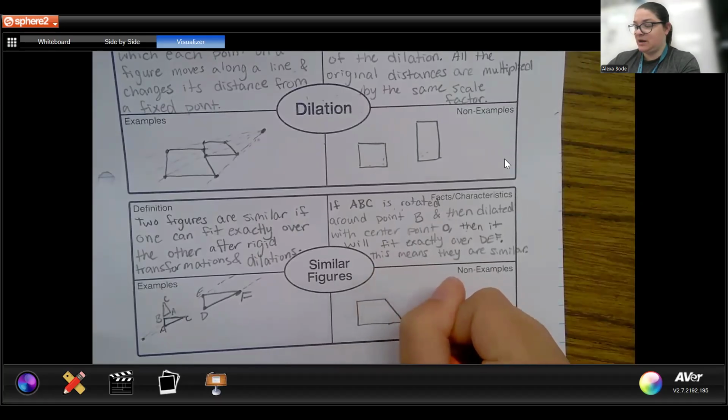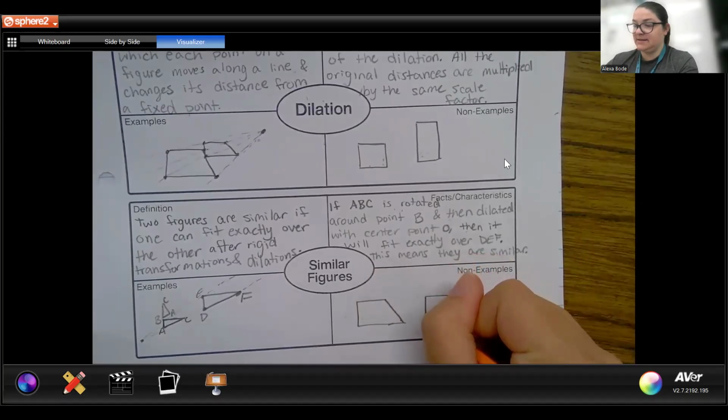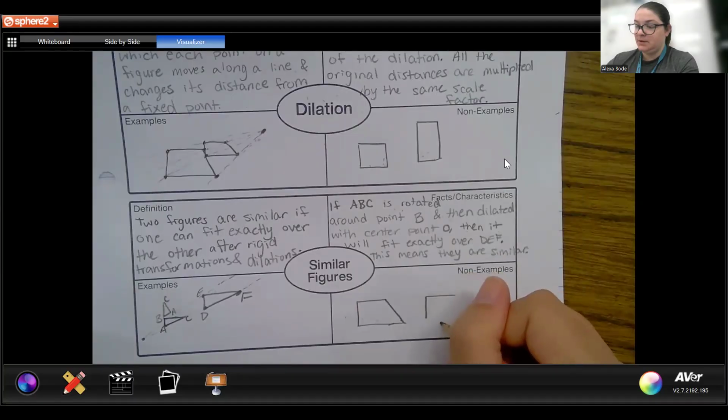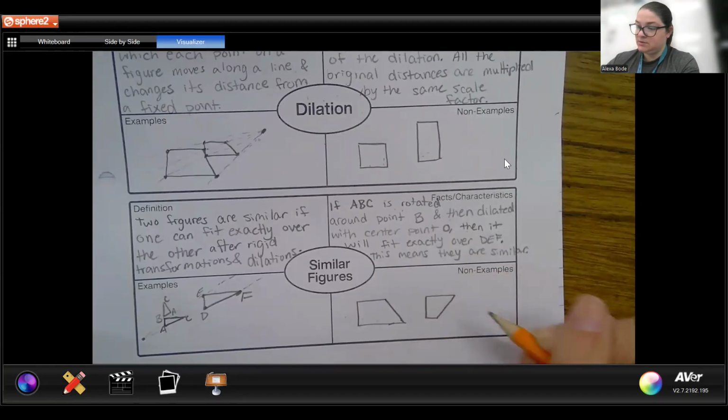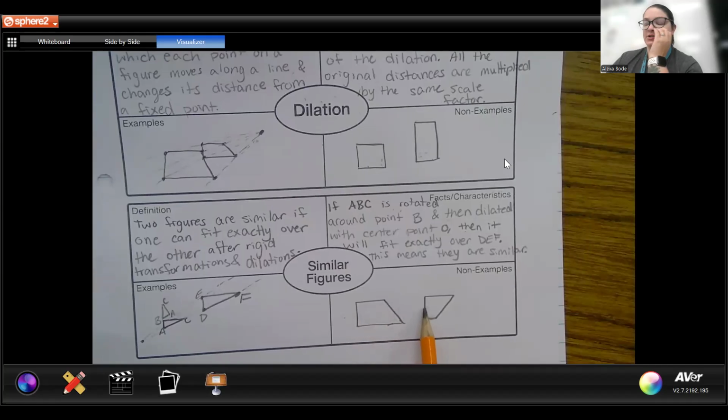If I had this trapezoid here, if I kept the top and the side length the same, but I kind of shortened these other ones, you could see I can kind of rotate it, but this is not going to match with the same scale factor.